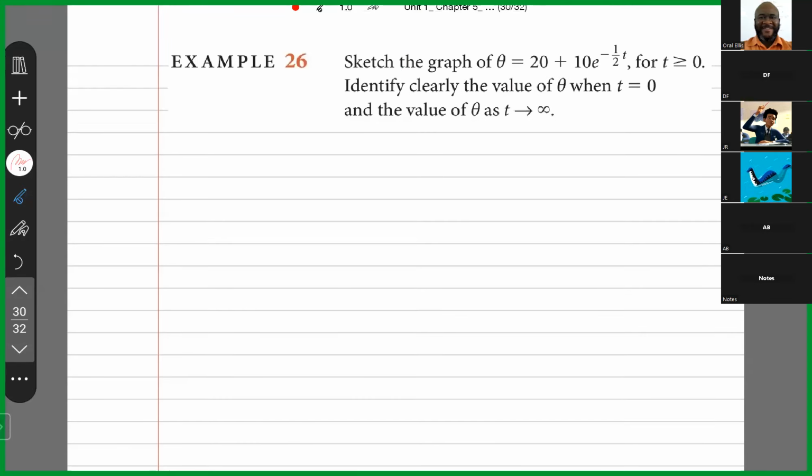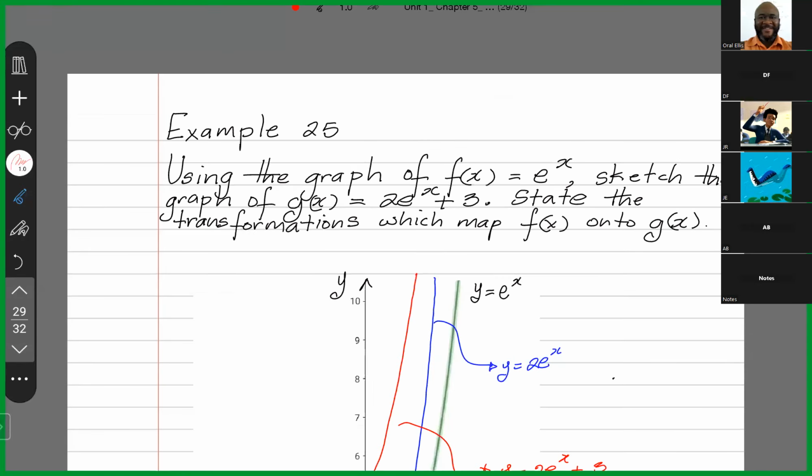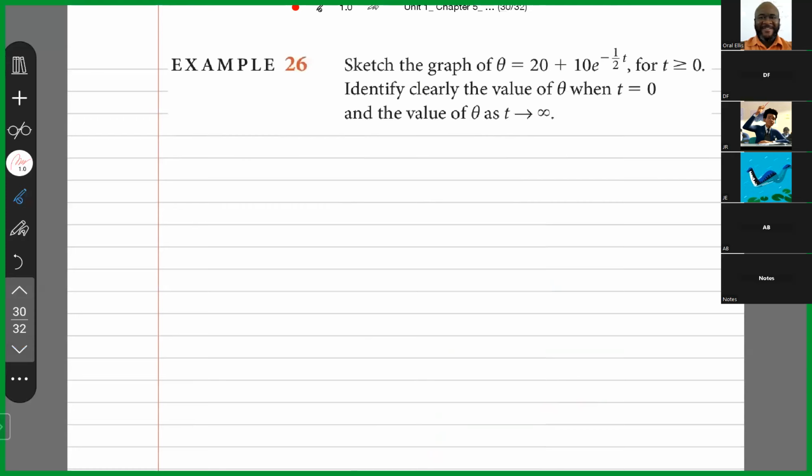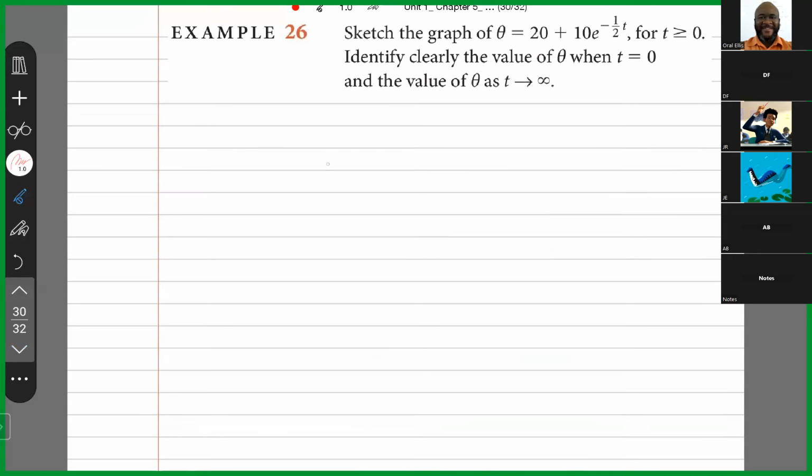All right, and this is probably the last example in this section. We're asked to sketch the graph of theta is equal to 20 plus 10e to the minus a half t. All right, if we're going to sketch that graph, we're just doing a quick sketch.